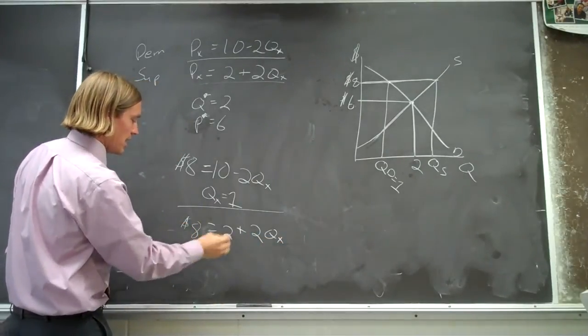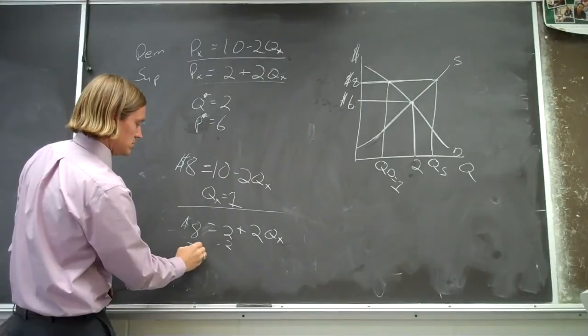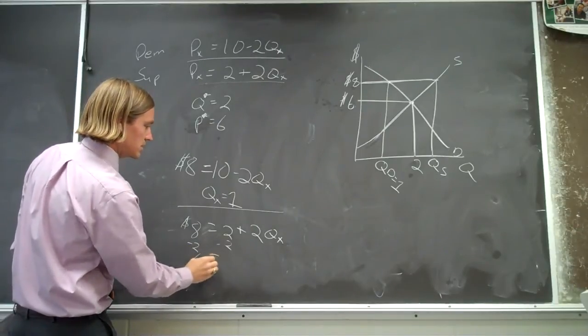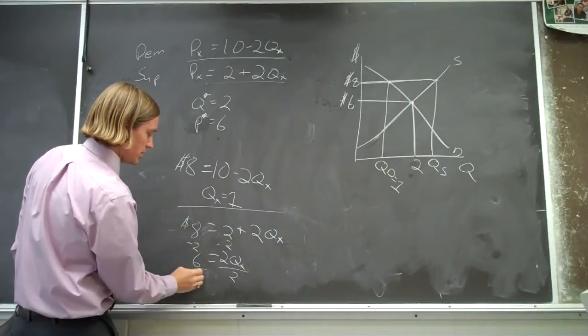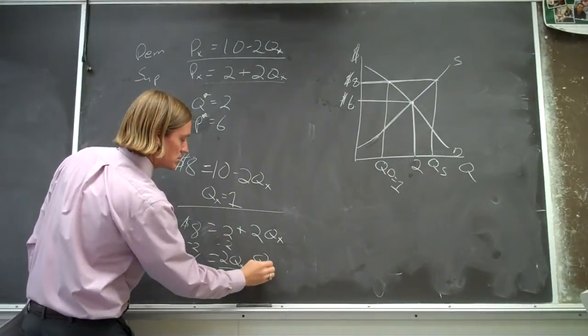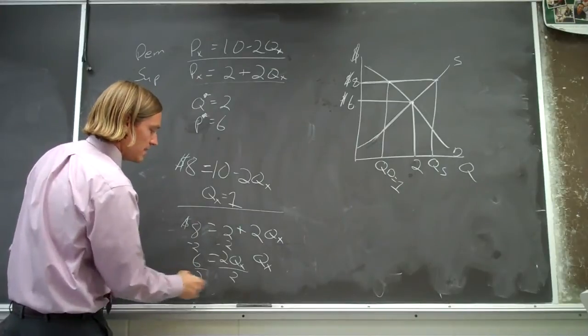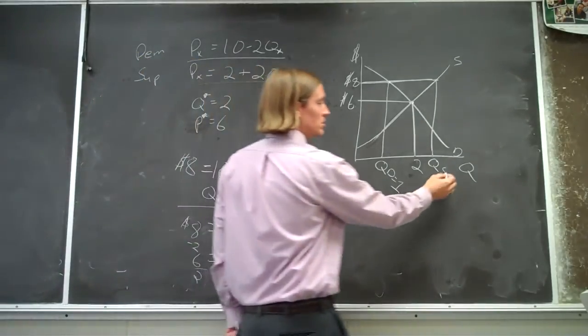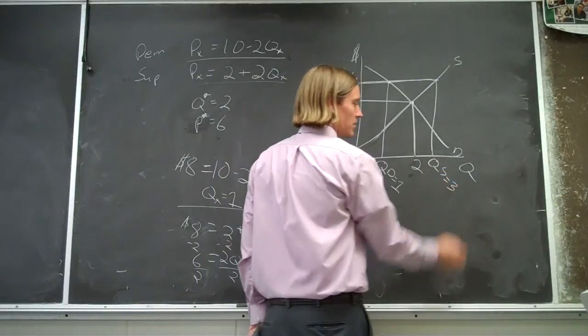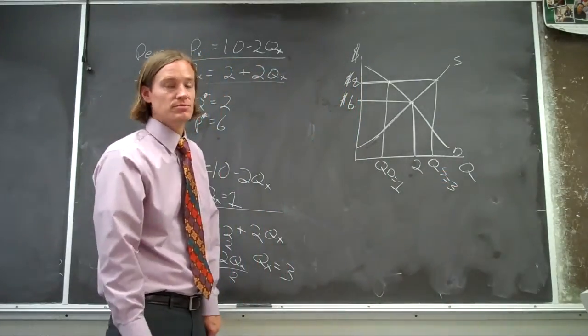Again, do a little bit of math. Subtract out the 2. We get 6 equal to 2qx. Divide both sides by 2. And our new qx, quantity supplied, is going to be 3. And so the supplier now wants to supply 3 units to the market.